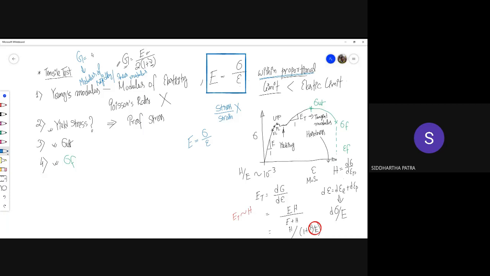It is a ratio, it is stress by strain. Again, the answer should be that it's actually the constant of proportionality in the shear stress strain diagram, or maybe you can define it as the ratio of the shear stress to shear strain, but again within proportional limit, and of course within elastic limit.